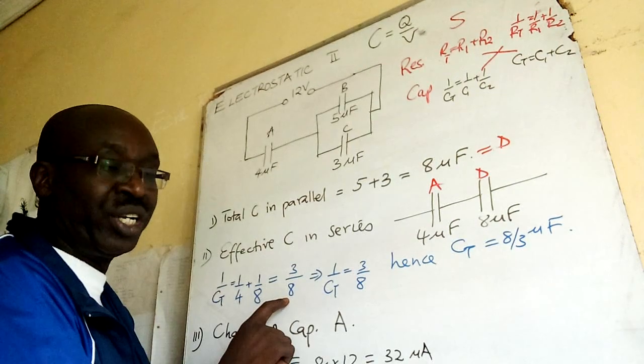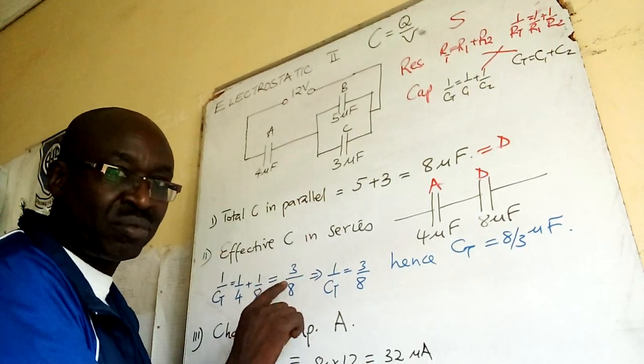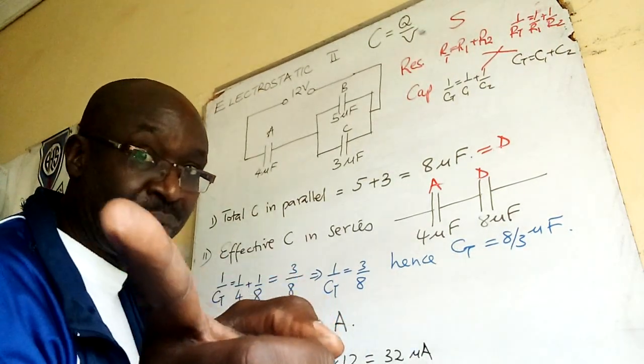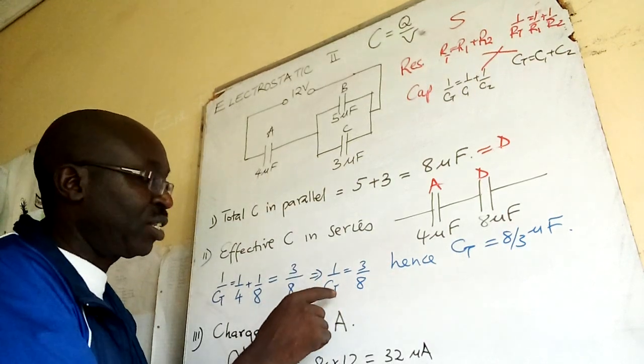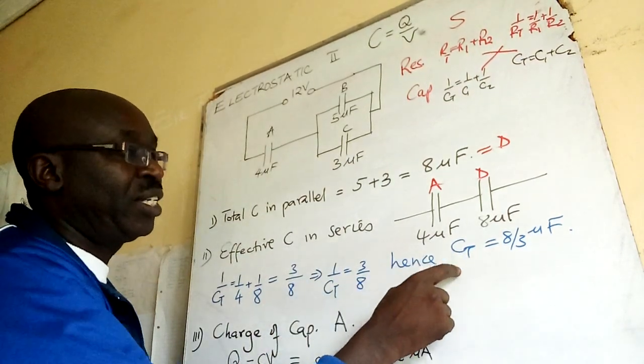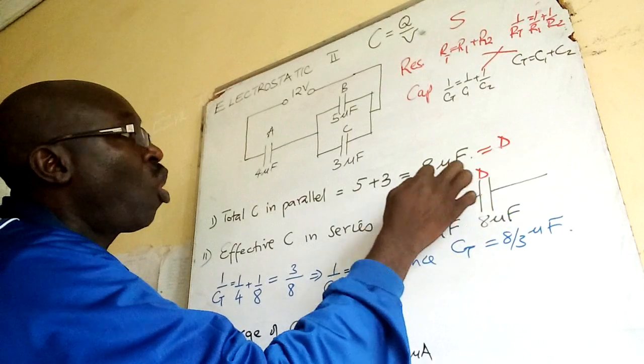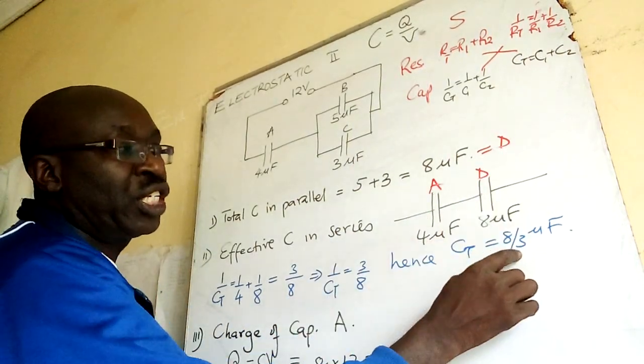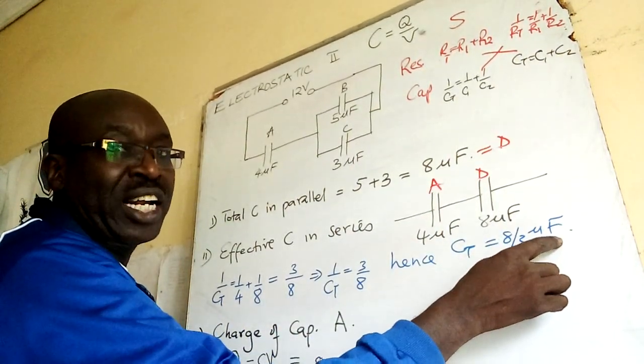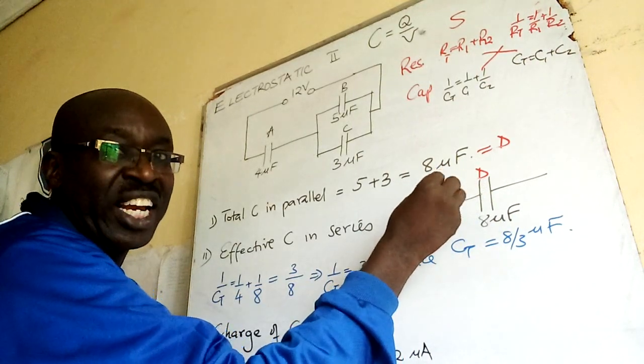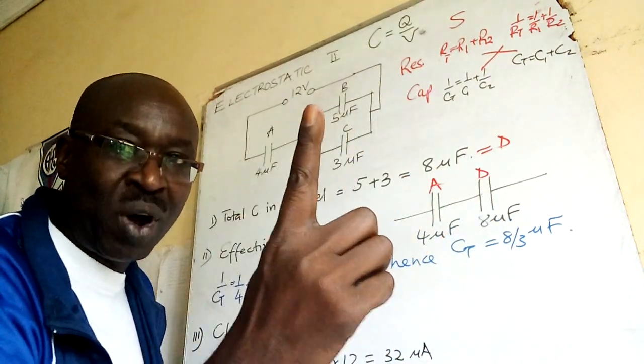You get 8 over 3. This is not the answer. Never stop there. Most of you stop there. So 1 over CT is equal to that, hence CT is equal to that. Now, this 8 over 3 microfarad replaces these two again. So I've remained with only 1.